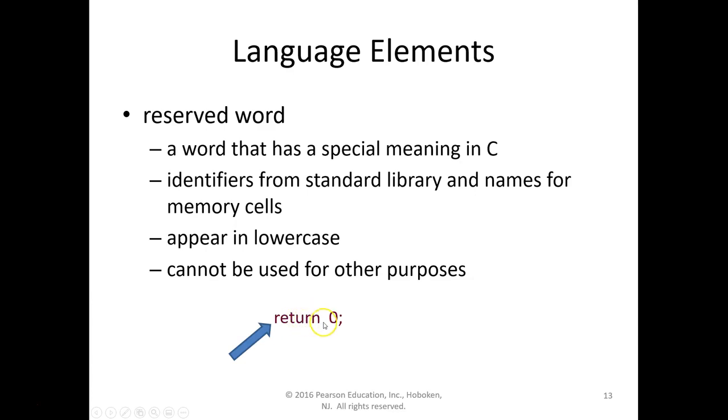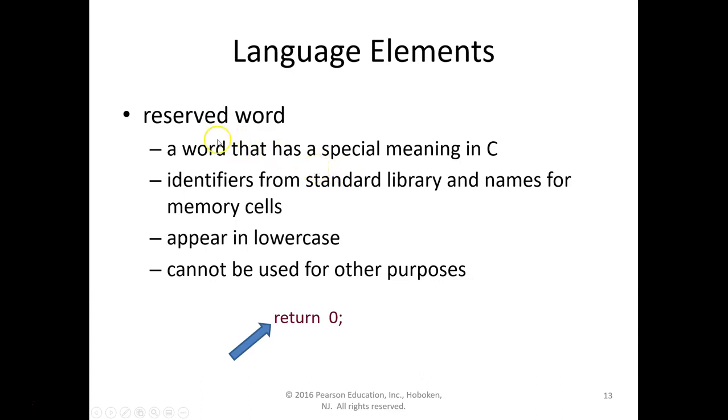This means that if everything works fine, the compiler will say, okay, return 0 means it compiled very well. When we talk about reserved words, those are special words in C. C uses them, they have specific meaning.